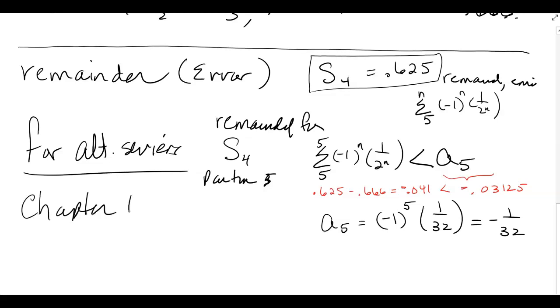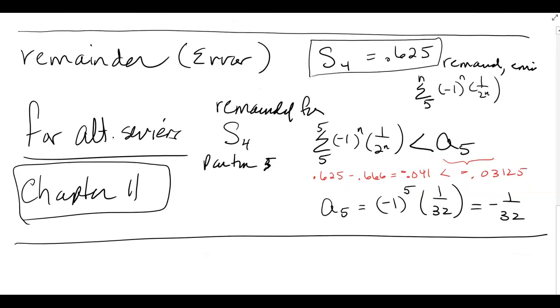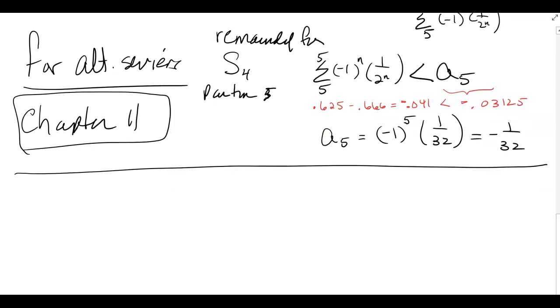So you can put it to the side for now, and just understand this is going to be a part of something we do in chapter 11. But I wanted to show it to you as we're talking about alternating series and looking at geometric. But let's go back to our test for alternating series.